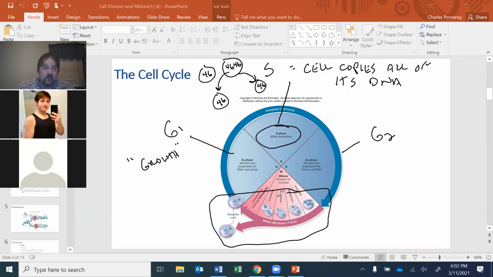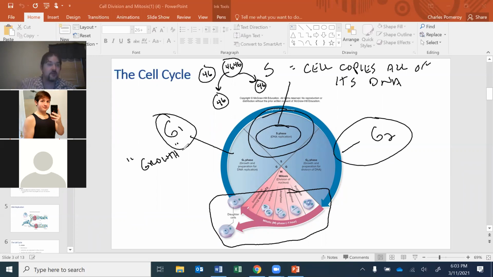So essentially, whenever a cell's created, it'll enter interphase, it will grow, and it will do its job. Then when it's triggered to divide, it will copy all of its DNA. Then it will grow a little bit longer, prepare for division, and then it will divide.